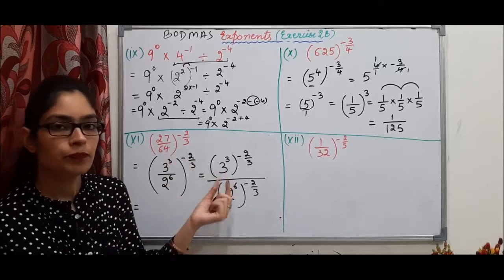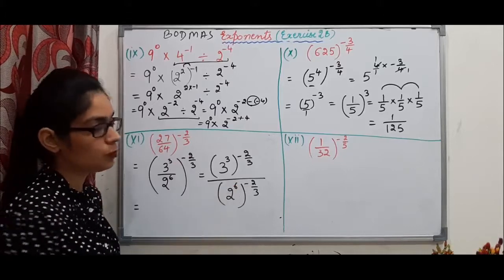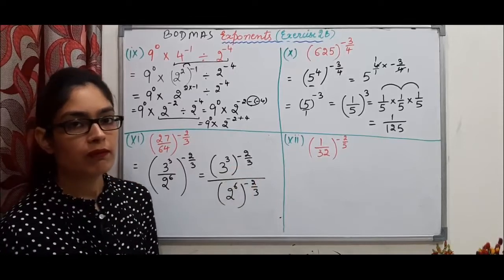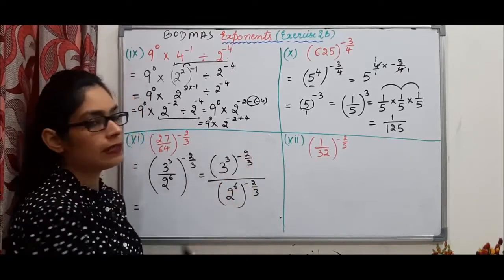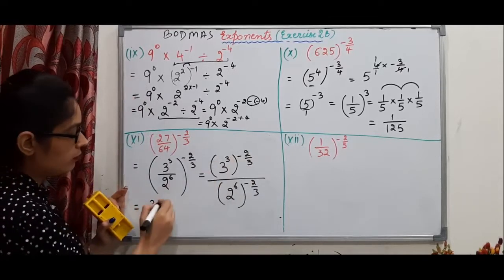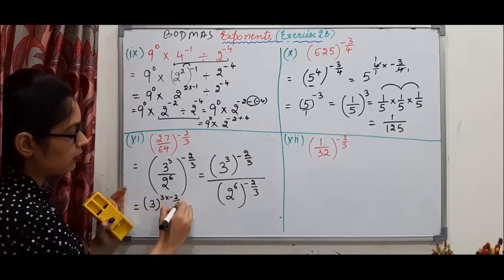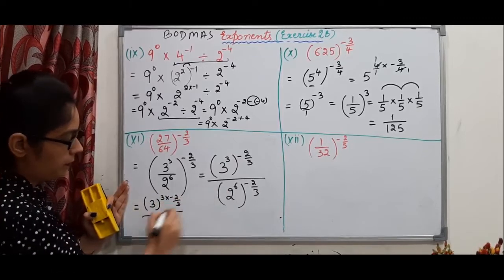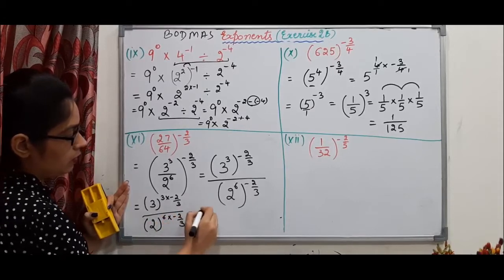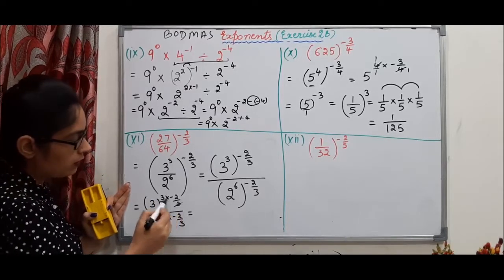Now each term, see, this is one single term and it has 2 powers. It is also one single term and it has 2 powers. So when we have something like this, a single term with 2 powers, we can apply the power rule: multiply the powers and make them a single power. So here if you apply the power rule, it will become 3 to the power 3 into minus 2 by 3, and here 6 into 2 by 3. If we do multiplication here, you can write 3 by 1 and 6 by 1. So 3 and 3 will get cancelled.